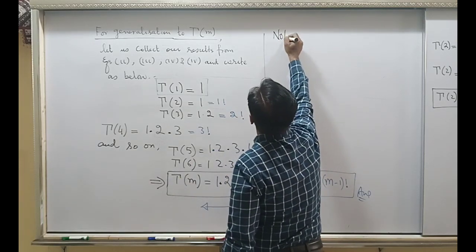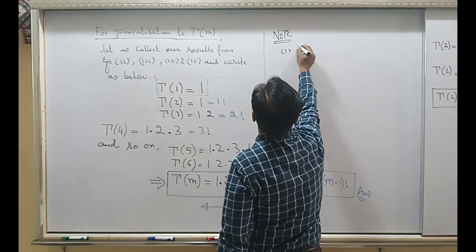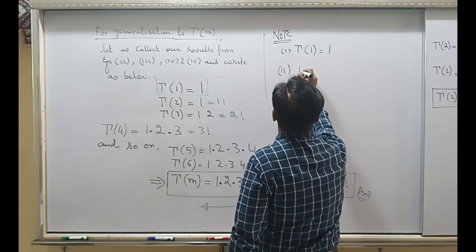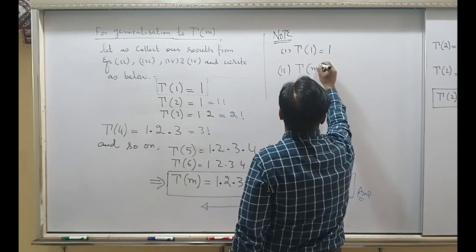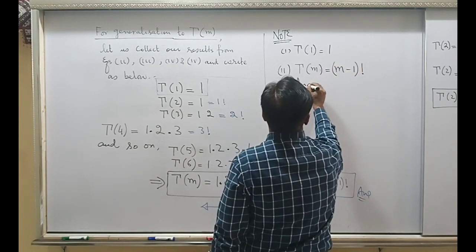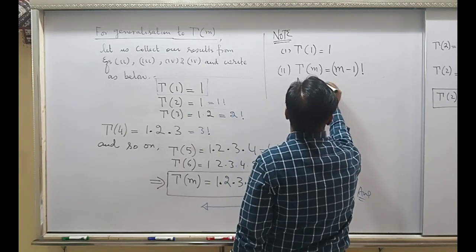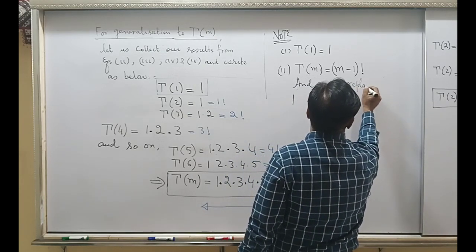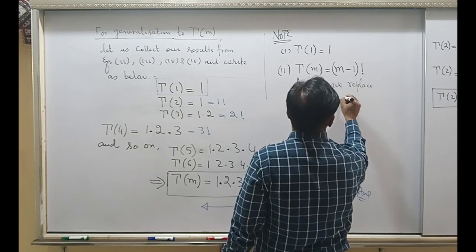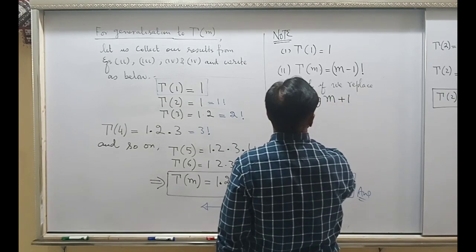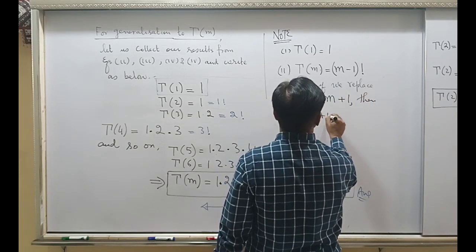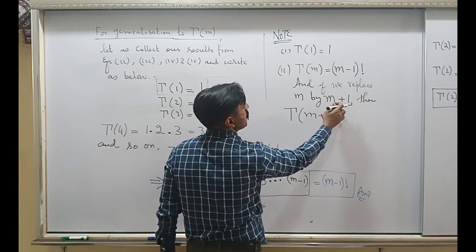Note means you should remember these results. Number 1, the value of gamma 1 is 1, and gamma m is equal to m minus 1 factorial. And if we replace m by n plus 1, then gamma n plus 1, replace this m by n plus 1.